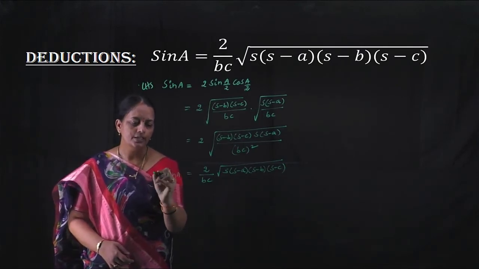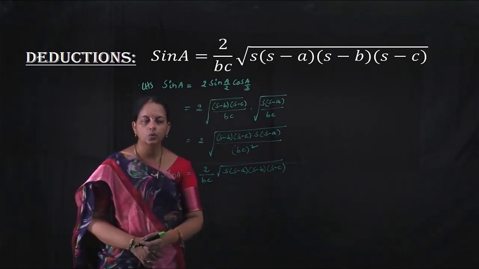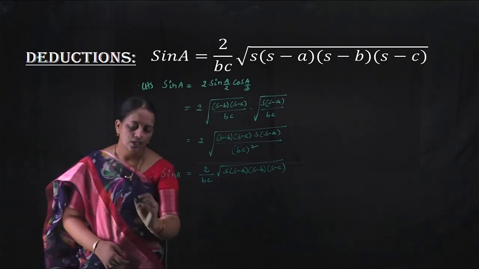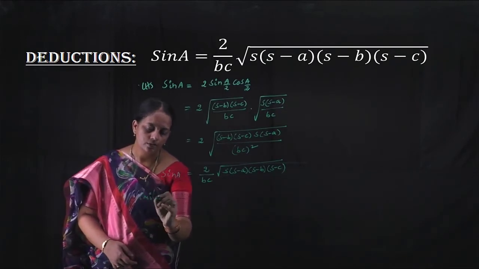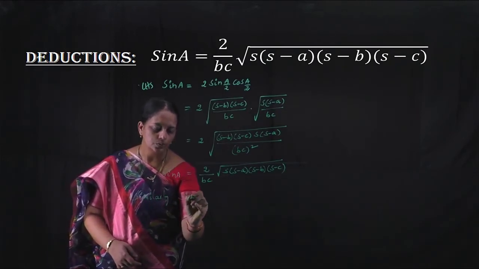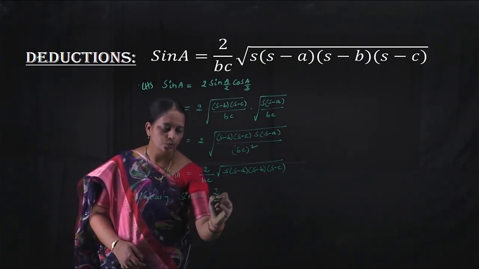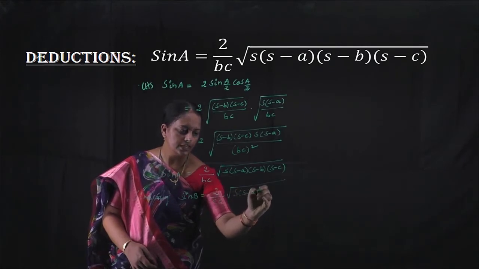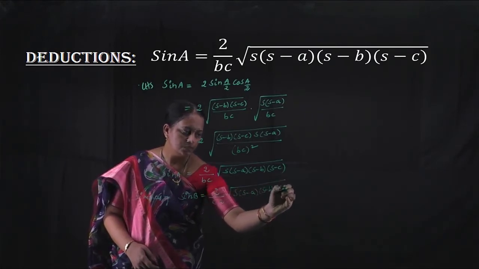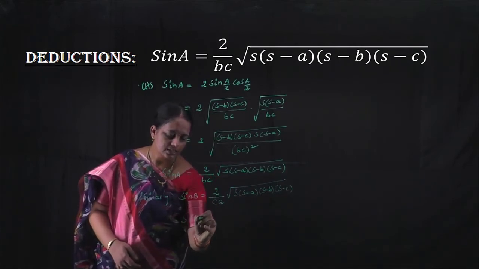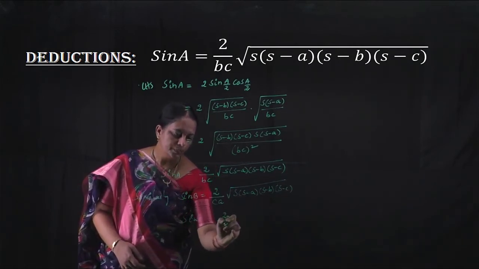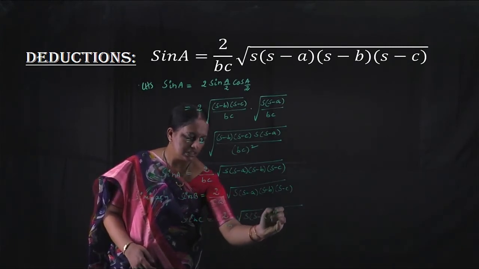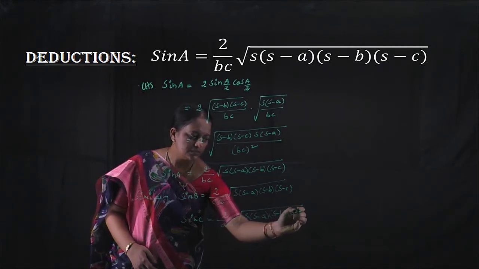Therefore, sin A is equal to 2/bc into root of s(s−a)(s−b)(s−c). Similarly, sin B is equal to 2/ca into root of s(s−a)(s−b)(s−c), and sin C is equal to 2/ab into root of s(s−a)(s−b)(s−c).